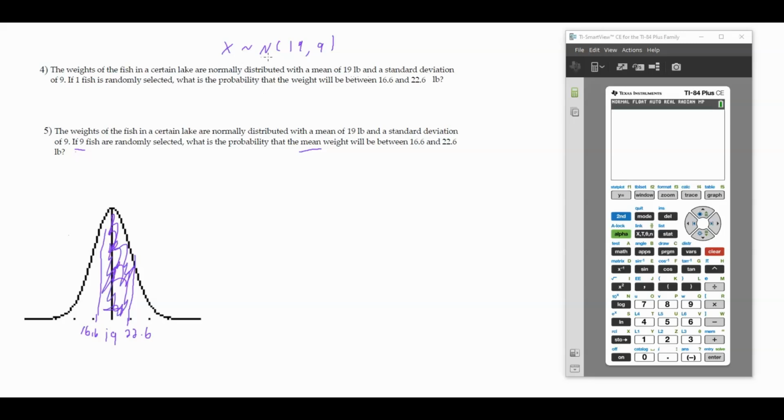Well, in this case, the mean is 19, standard deviation is 9. So I'm going to use my normal CDF, and I'm going to say my lower bound is 16.6, and my upper bound is 22.6. My mean is 19, and my standard deviation is 9.